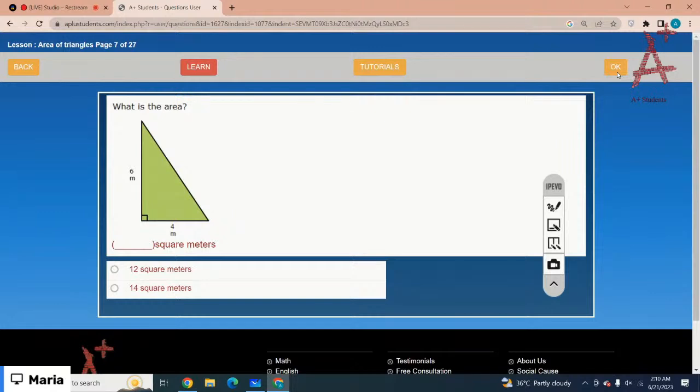You have to use the same formula, that is half times base times height. So which is the correct option?